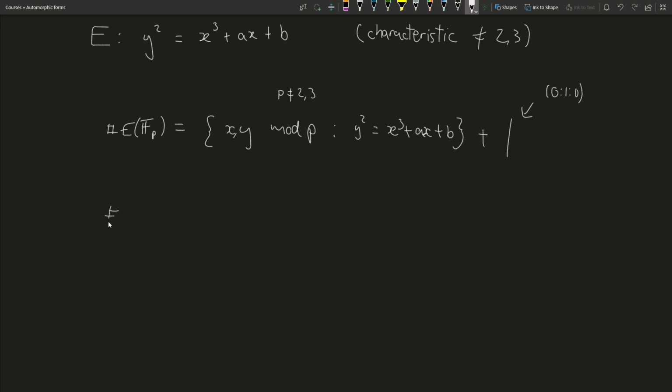And we're going to define this quantity a_p as follows: the number of points on an elliptic curve mod p is well approximated by the quantity p plus 1, and the difference we're going to call a_p, with a sign as such. And it's a theorem of Hasse, I believe, that the absolute value of a_p is at most 2 square root p.